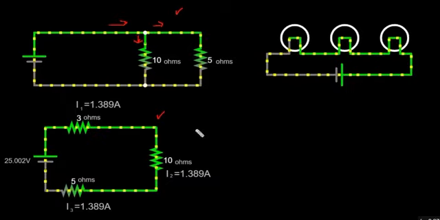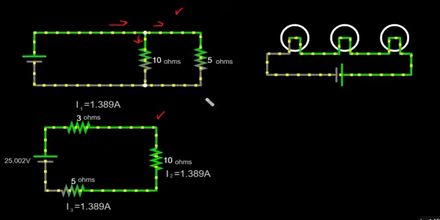First of all, we know that there is no node in the series connection, and the same current flows across each of the resistors. In this case, I've named the current in the resistors I1, I2, and I3. You see that they all have the same current values. Current is measured in amperes, and resistance is measured in ohms.